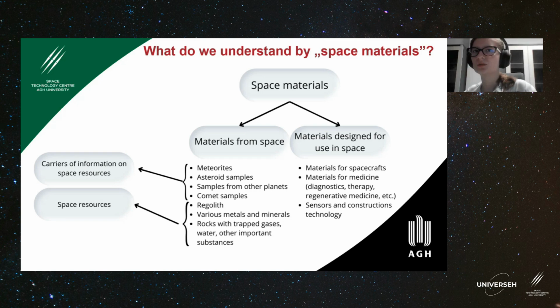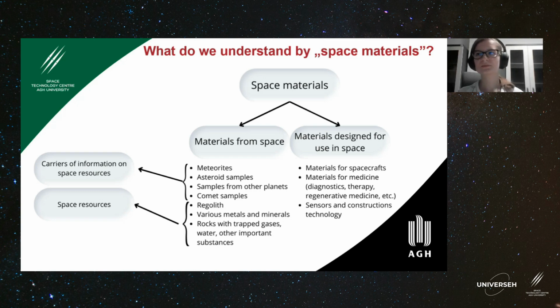And when it comes to materials from space, we can talk about meteorites, also asteroid samples, samples from other planets, comet samples, and all those carry important information on space resources, on the conditions on those other bodies. They are also, at least meteorites, the most available samples of extraterrestrial matter.